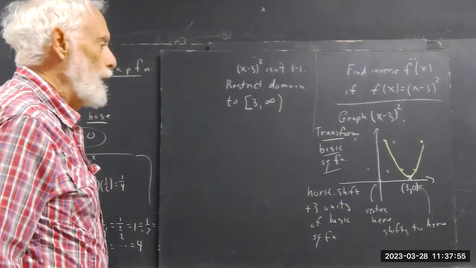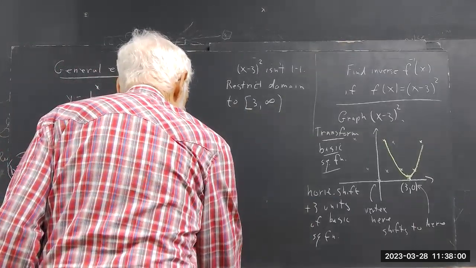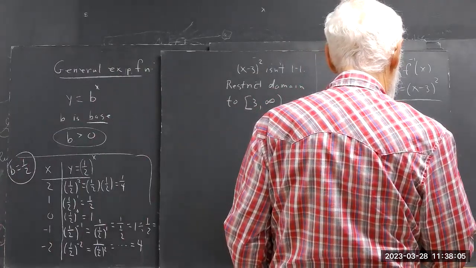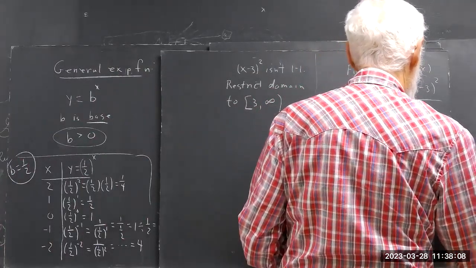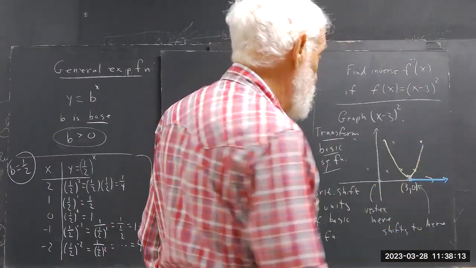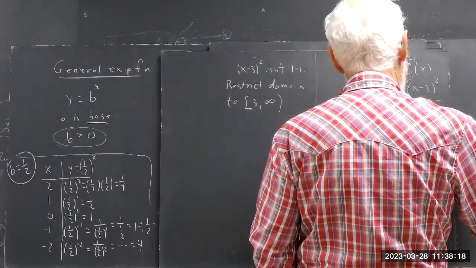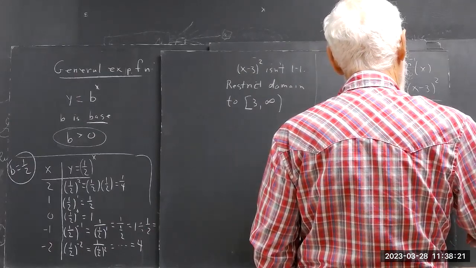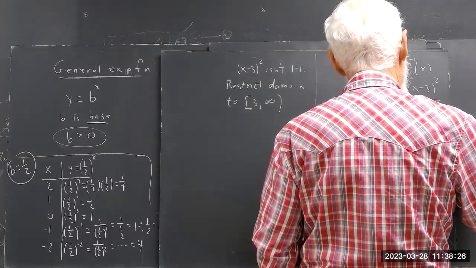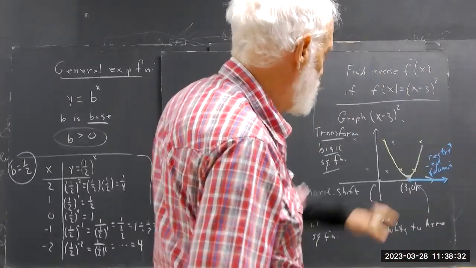So we restrict the domain to the interval [3, infinity). The restricted domain consists of the x values from 3 to infinity.